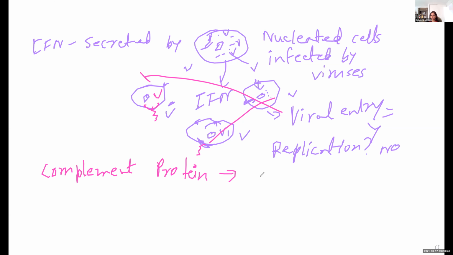But complement protein will recognize a virus when it's traveling. The virus will have to travel from one cell to another, right? And that's where the complement protein will get it. Complement protein may come in contact with a traveling virus, or a bacterium.